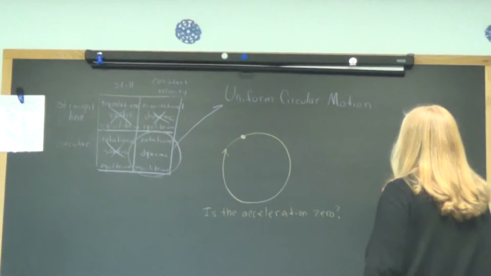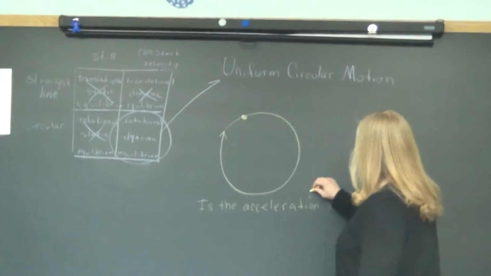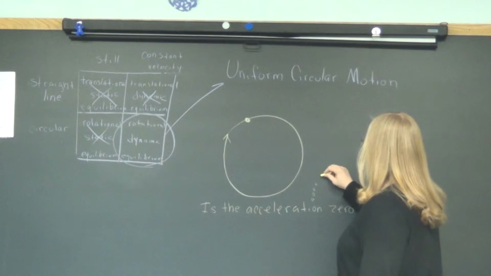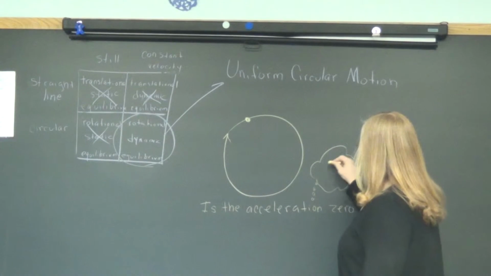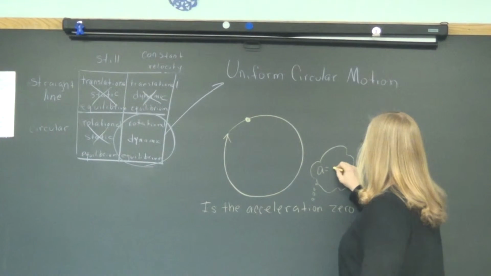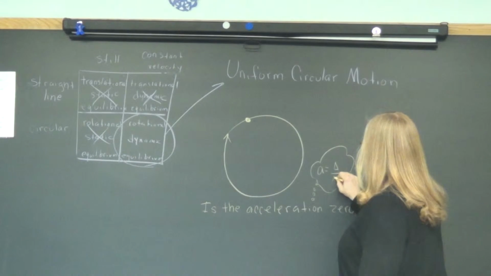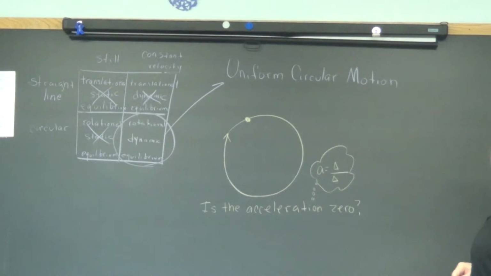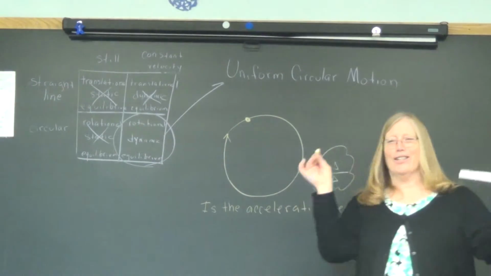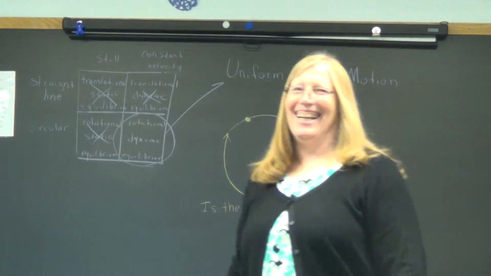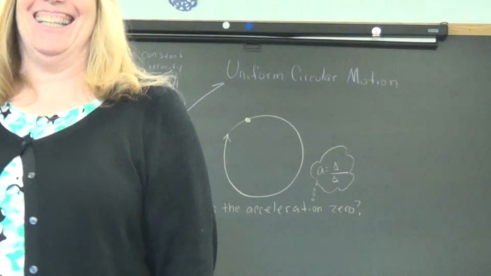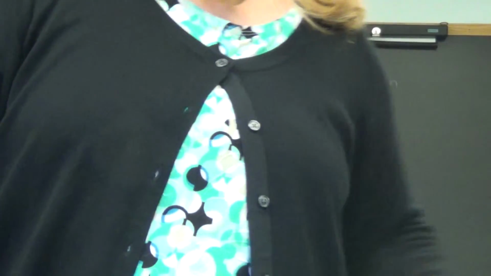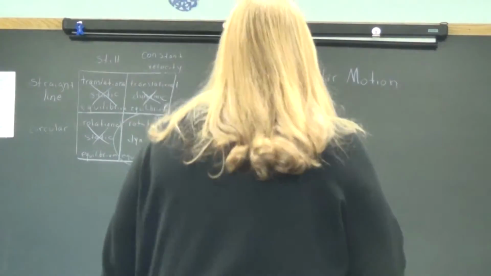So we recall from our past, probably mod 1, that acceleration is the change in what over change in what? Do you recall, Emily? Change in velocity over change in time.